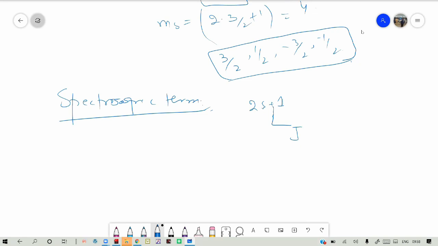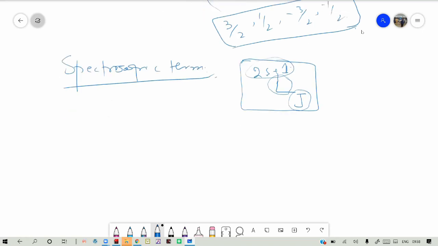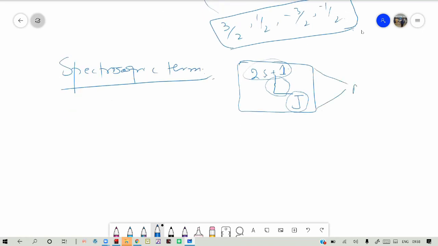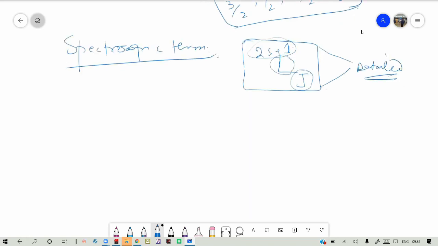So it is L, J, with 2S plus 1. This representation is called a spectroscopic term, characterized by the orbital angular momentum, the multiplicity, and then J. Changing different J values will result in different spectroscopic terms. 2S plus 1 will be constant, L will be constant, and it can change sometimes when there are more electrons. We will study this in detail, maybe in the next class, or even if we touch it today.